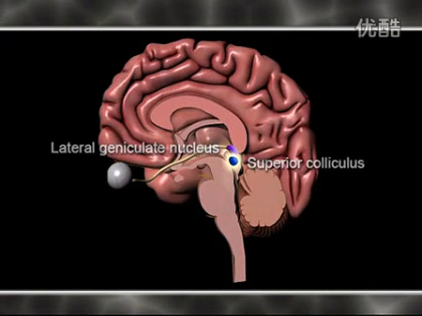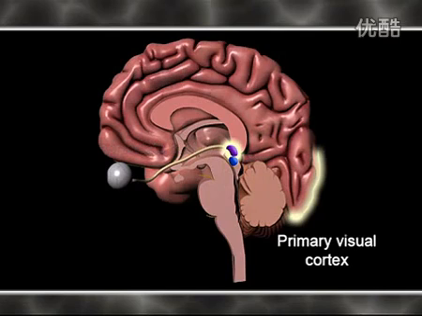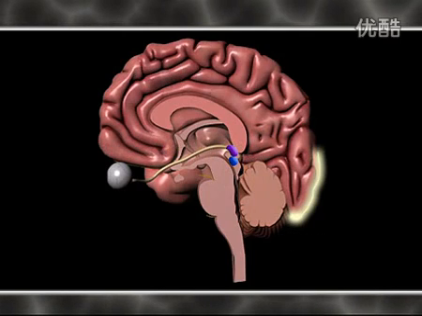So the eye is going to be connected to the lateral geniculate and the superior colliculus and many other nuclei. And then the lateral geniculate is going to project right back here to this cortical area. And that will be the first cortical area that processes information about vision and begins the process of the cortex and the brain forming a percept that we call seeing. You don't see with your eye, you see with your brain.